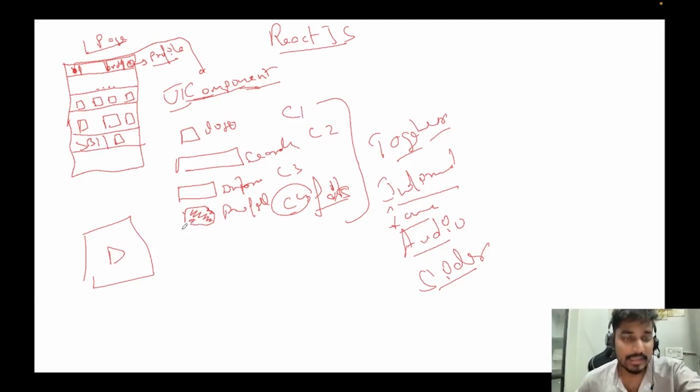Another advantage is, let's say this particular component is taking so much time, a lot of parallelism is achieved, and less load is given to the browser, because the browser works in a sequential fashion. It will load this, then this, then this.